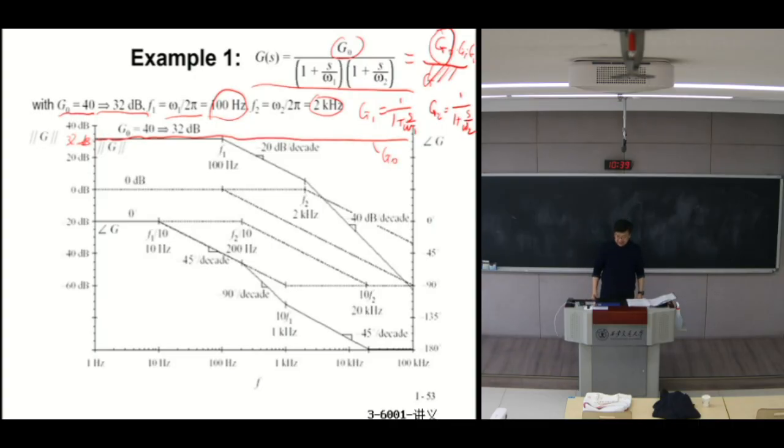And G1. The G1 Bode plot is also very clear because G1 is a single pole located at omega 1, which is 100 hertz, right? Frequency f1 is 100 hertz. So we know a single pole has a magnitude Bode plot of two sections of straight lines. The low frequency section is exactly at 0 dB.